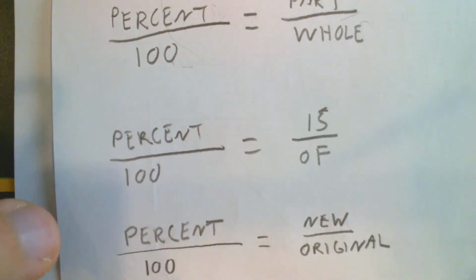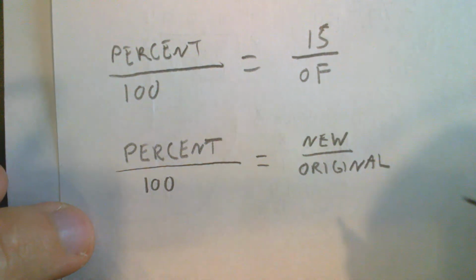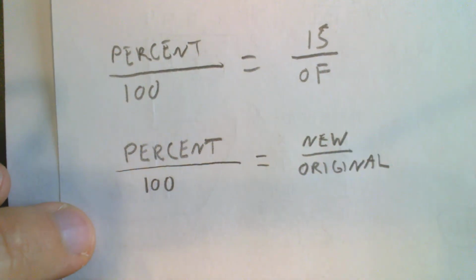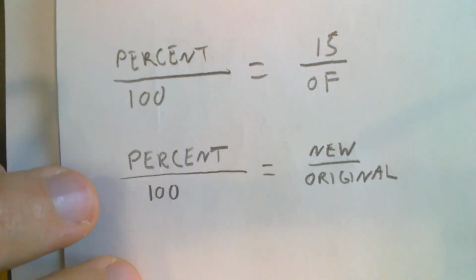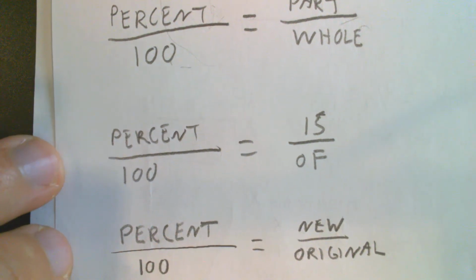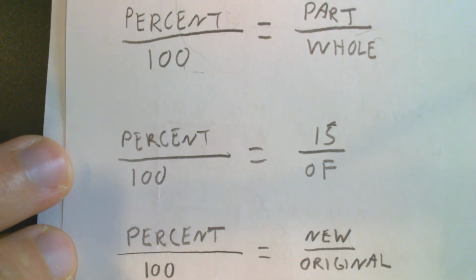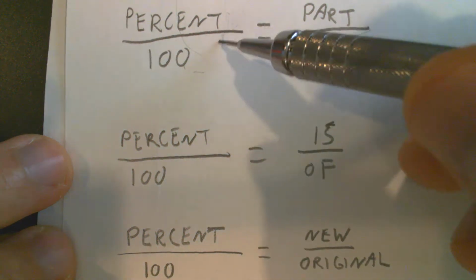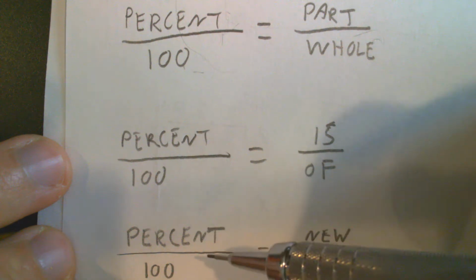And percent over 100 equals the new value divided by the original value. These are all pretty much saying the same thing, just 3 different ways to think about it. Notice on all 3, the left is percent over 100.